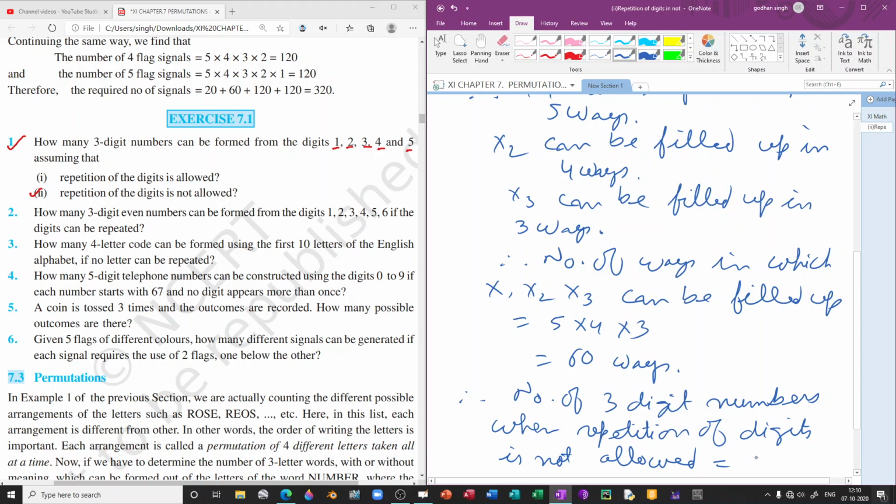So there will be 60 different numbers. This is the answer of question number 1, both parts 1 and 2.